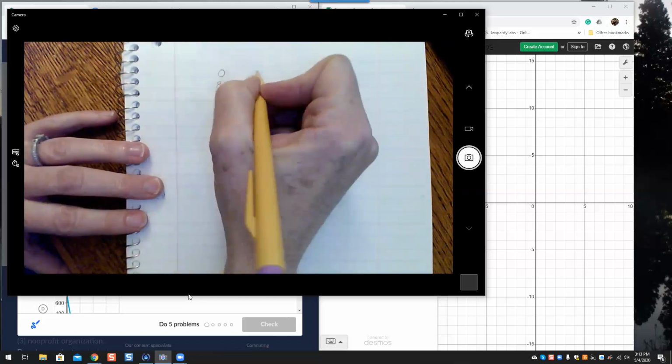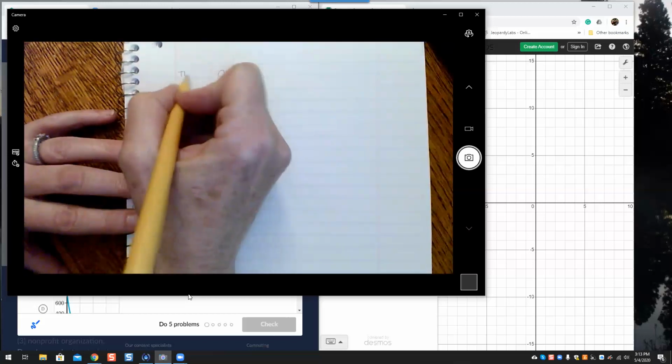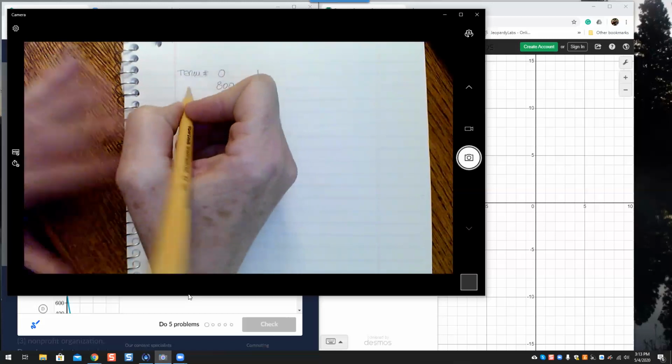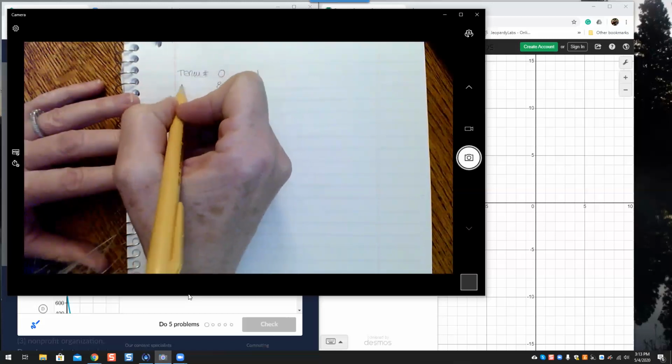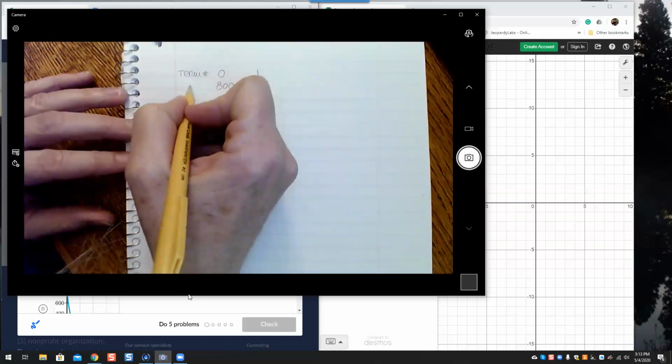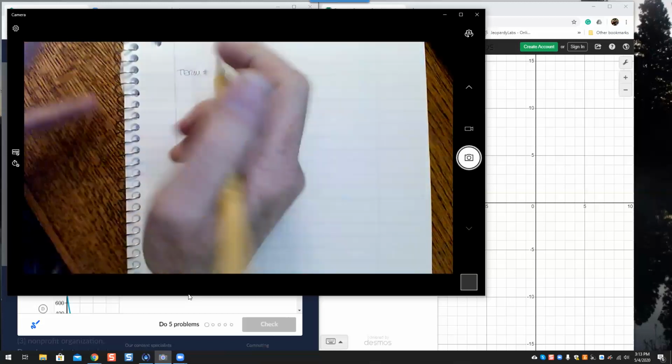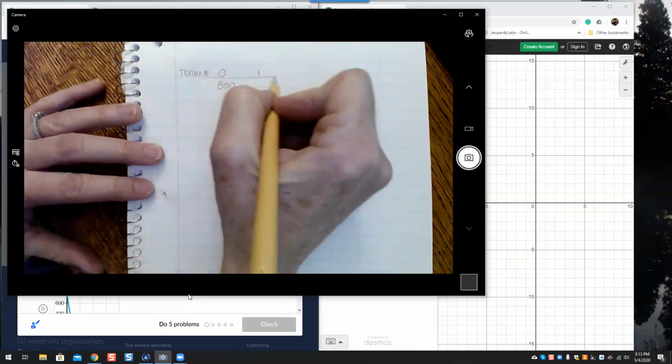Here I'll write the term number and then the value for each term.